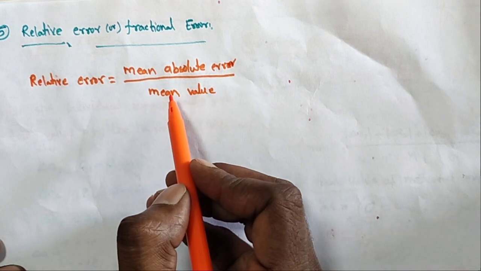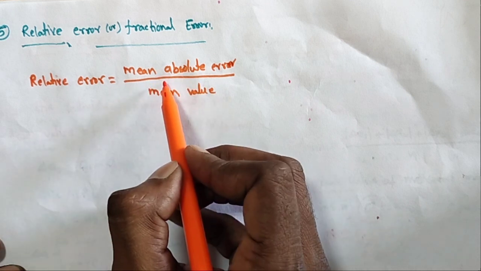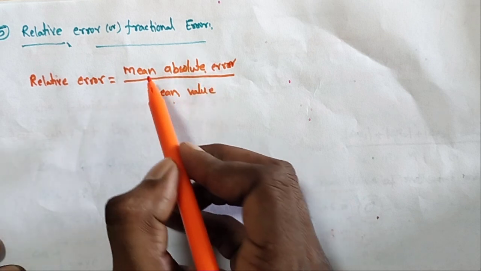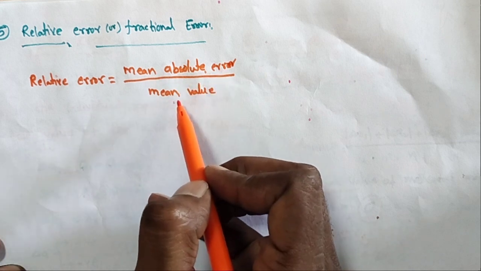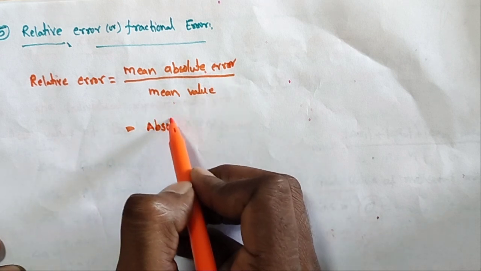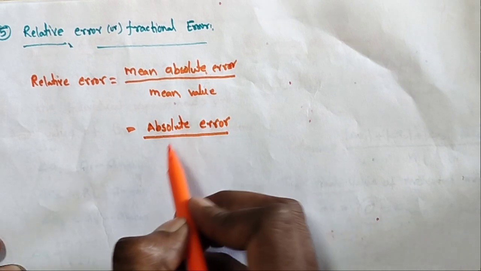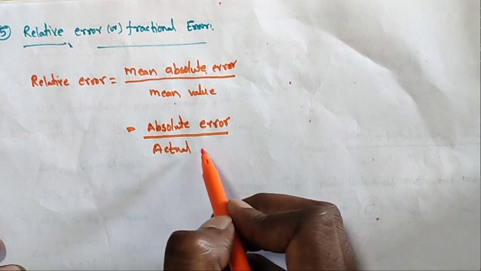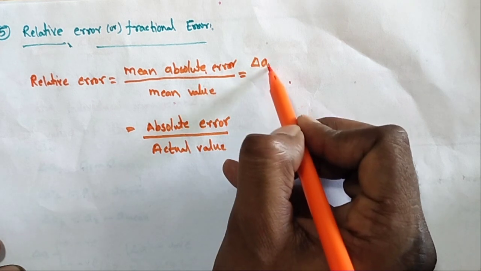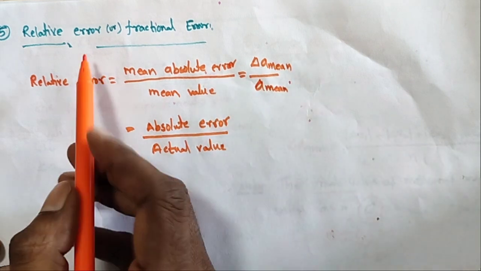It is defined as the ratio of the mean absolute error to the mean value. Sometimes you can write the mean absolute value, it is also the same, the absolute error by the actual value. So here I am taking delta a mean by a mean. This is the formula of the relative error.